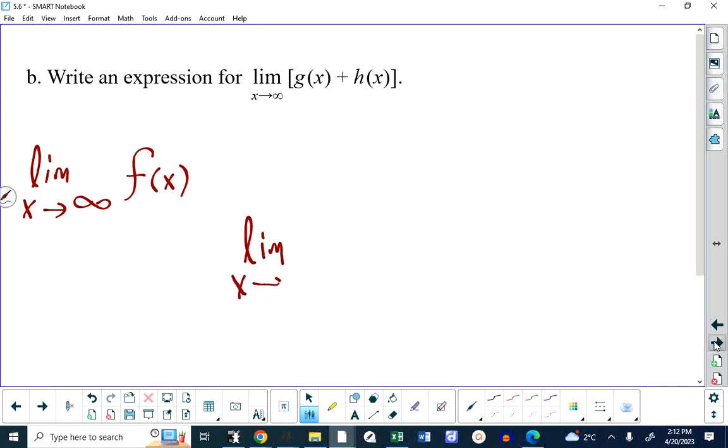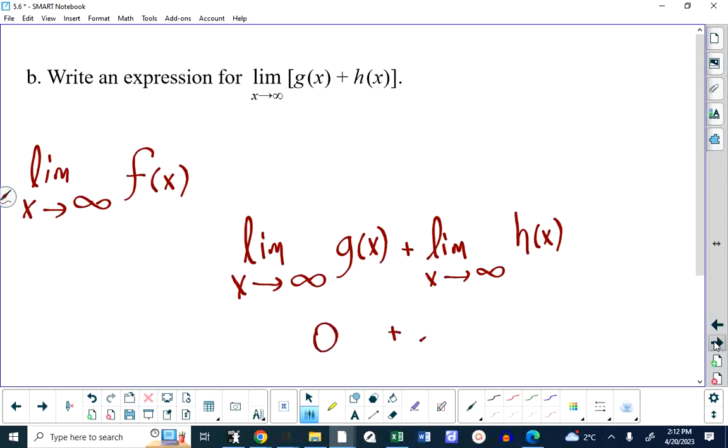We don't often employ properties of limits, but it's true that the limit of a sum is the sum of the limits. So that means that this is equal to 0 plus whatever this limit is.